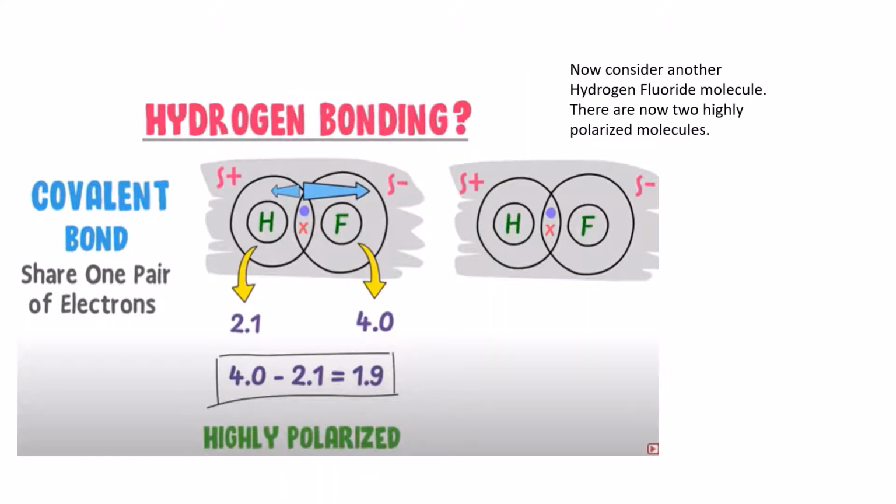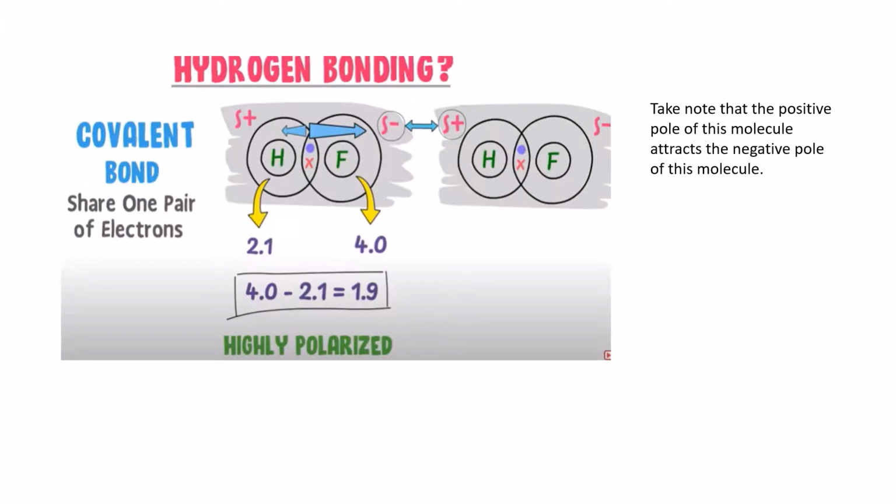Now consider another hydrogen fluoride molecule. There are now two highly polarized molecules. Take note that the positive pole of this molecule attracts the negative pole of this molecule.